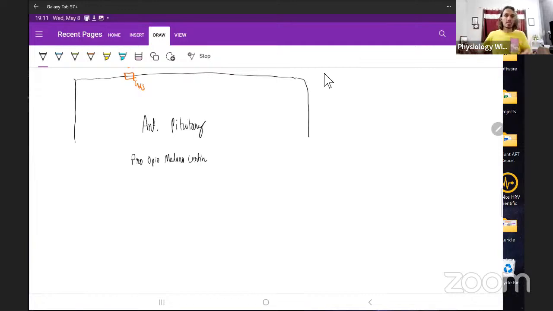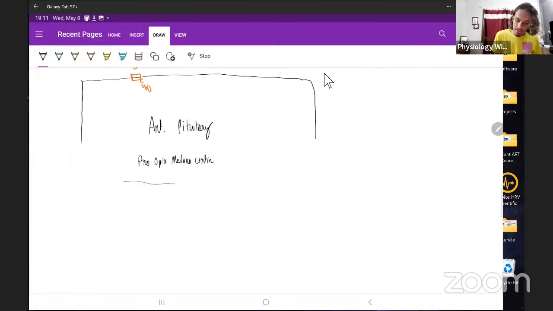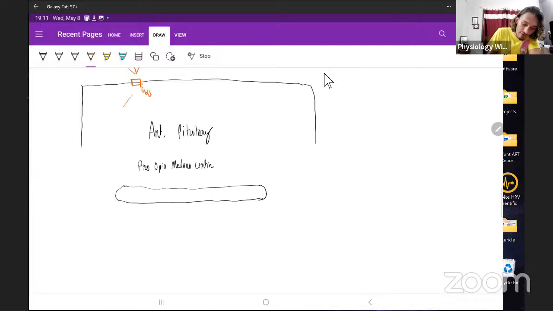Now this is a large substance, your pro-opiomelanocortin. It gets split into various components by the effect of corticotropin releasing hormone. You don't have to know that much detail about this process.